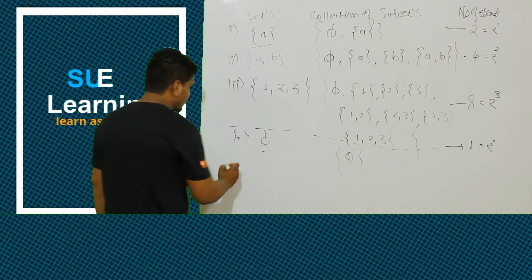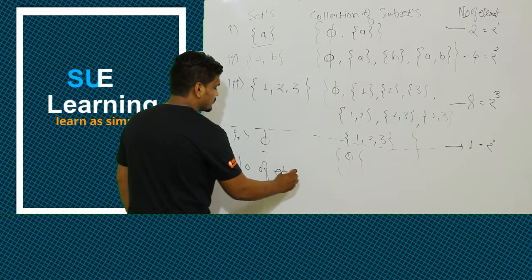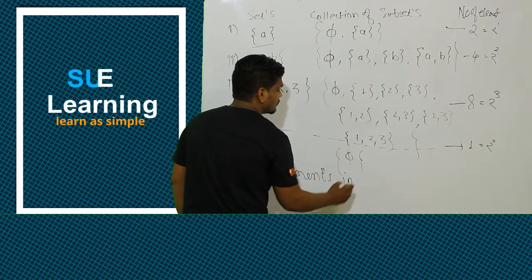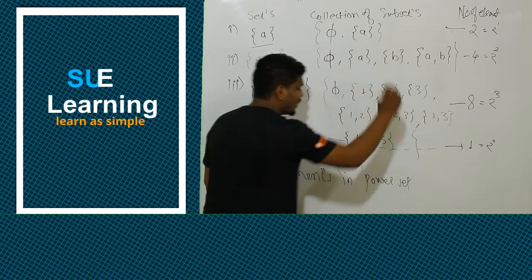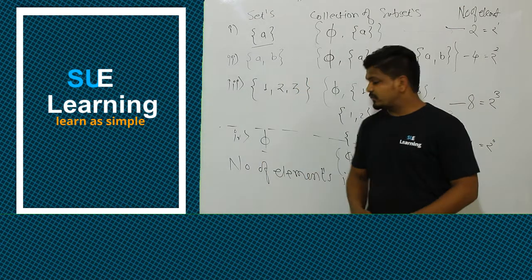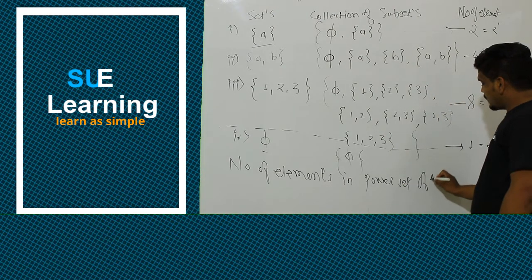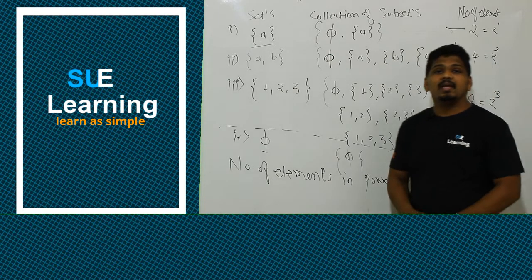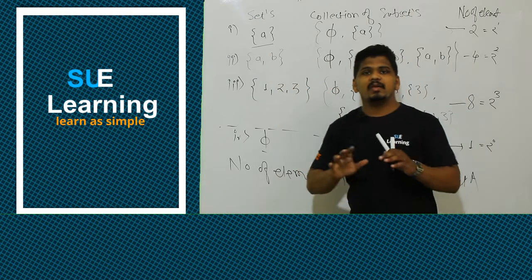The definition of the number of elements in a power set: the number of elements of the power set of some finite set A. Why am I saying finite set A? Since I want the number of elements in that set to be some natural number.